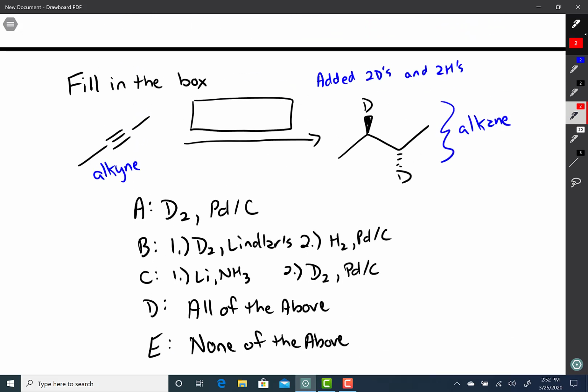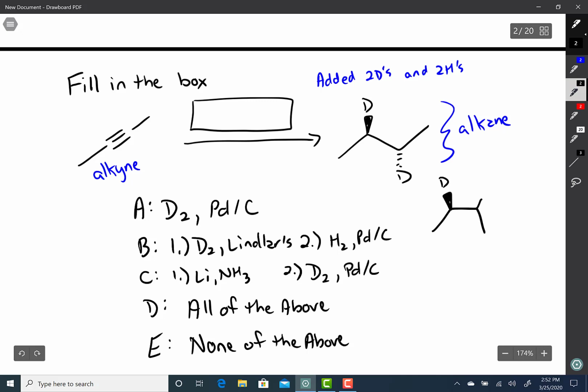But keep in mind that alkanes can rotate, and the molecule that I draw might not necessarily be in the right conformation. Remember, this molecule right here, you can redraw it so the deuteriums are syn to each other.